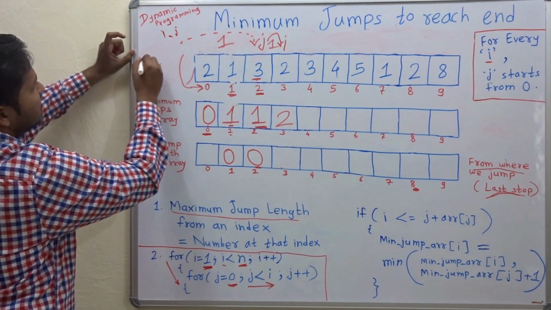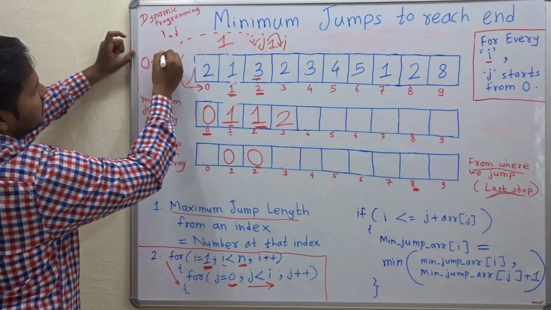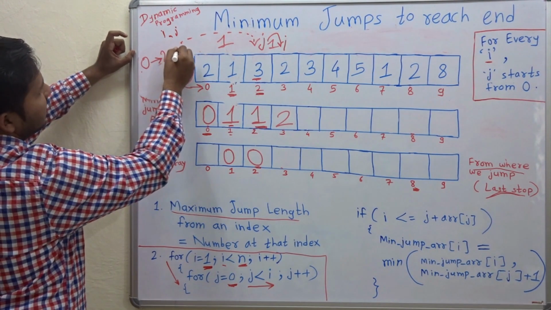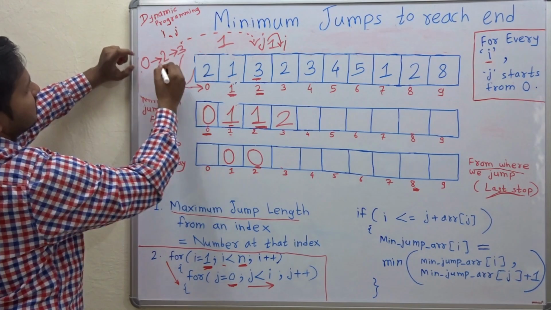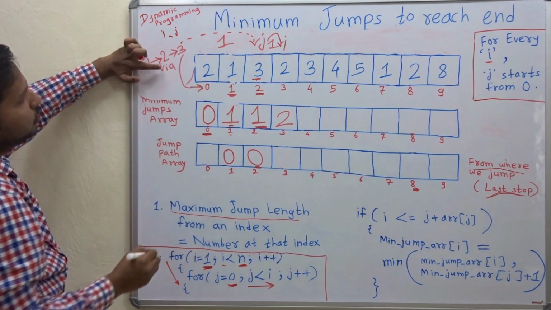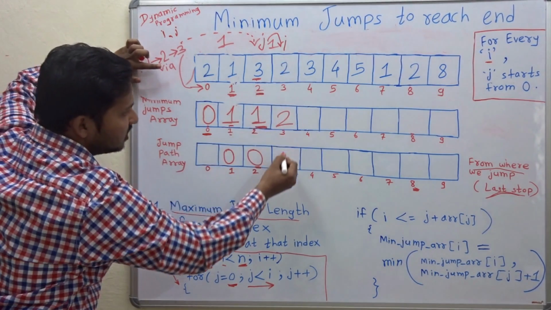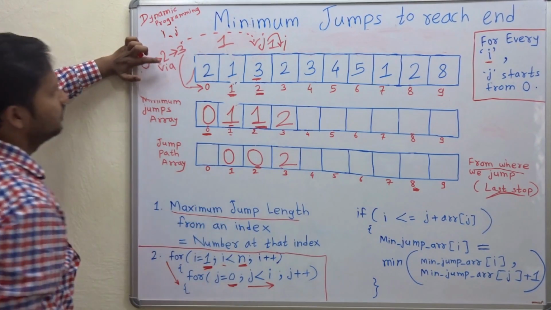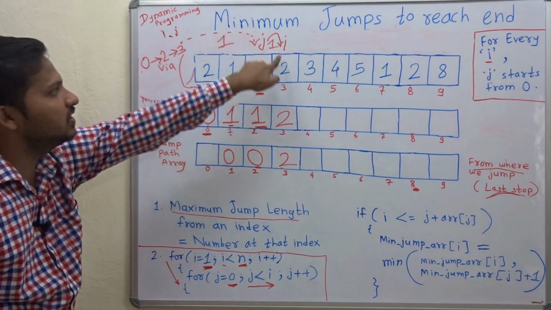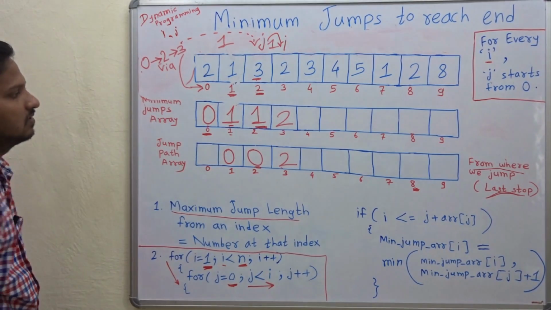From 0, first we jumped to the 2nd index and then we jumped to the 3rd index. So we went via 2. So from where we jumped? From 2.